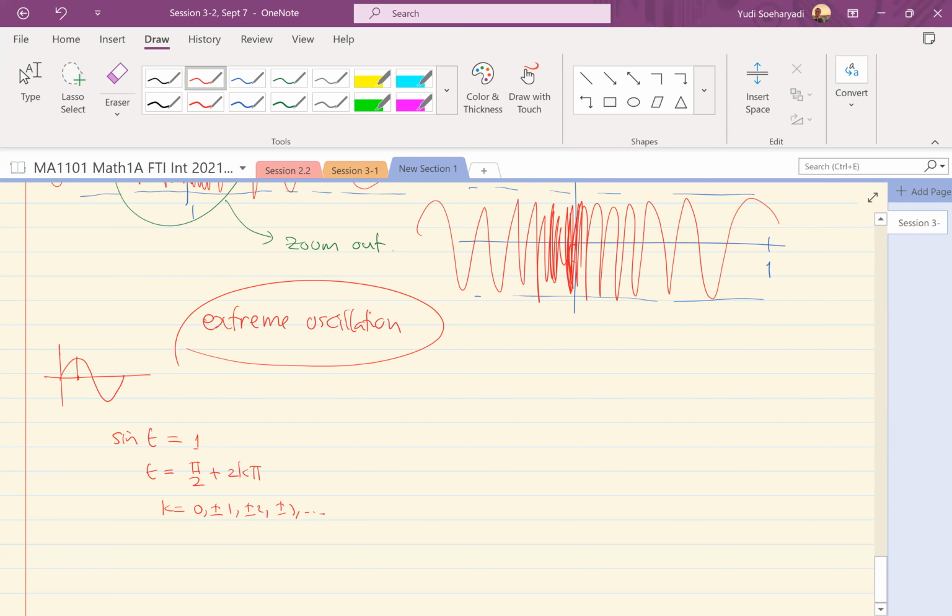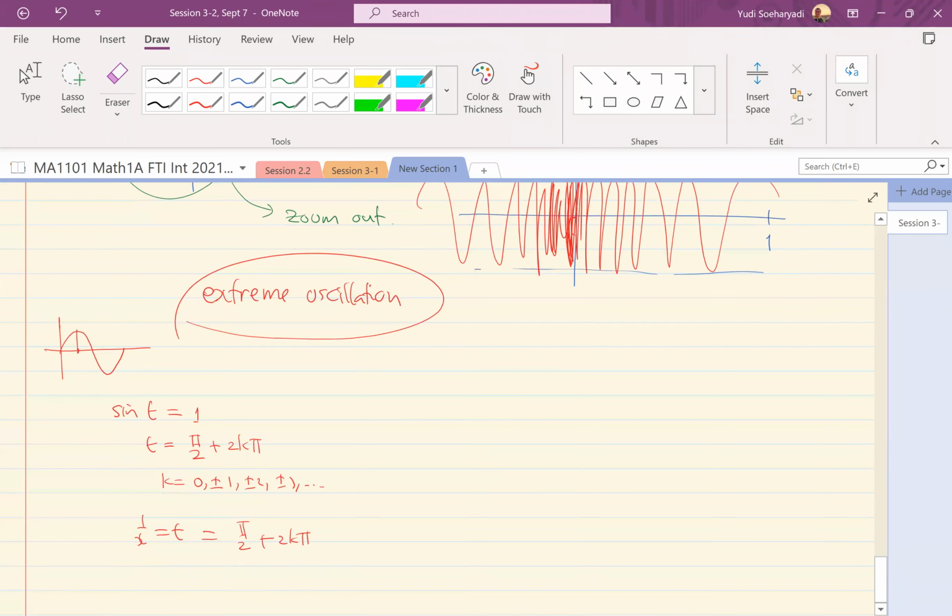Okay. All right, so that t here is our 1 over x. Okay, so 1 over x, so t. Okay, so here x is pi over 2 plus 2k pi. Looks like this one.